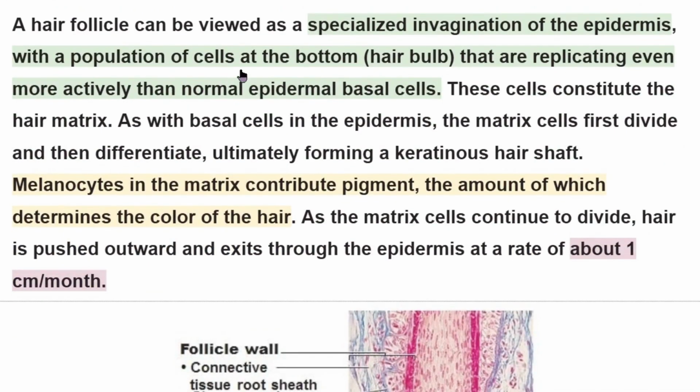A hair follicle can be viewed as a specialized invagination of the epidermis with a population of cells at the bottom, the hair bulb, that are replicating even more actively than the normal epidermal basal cells.